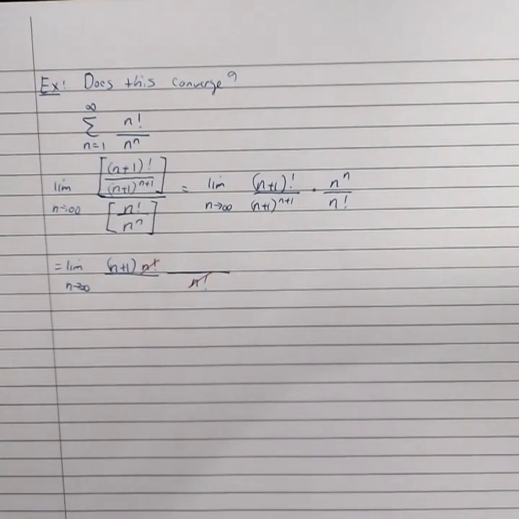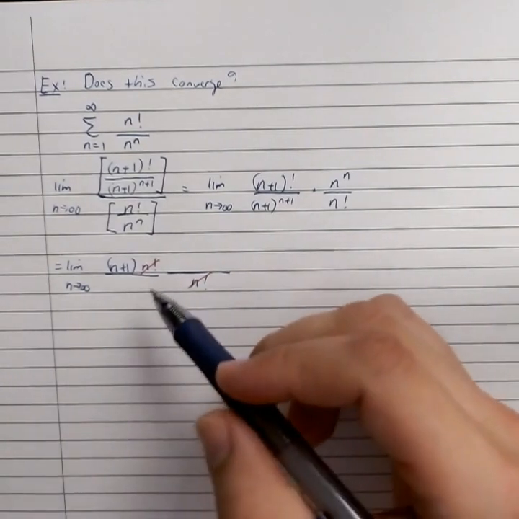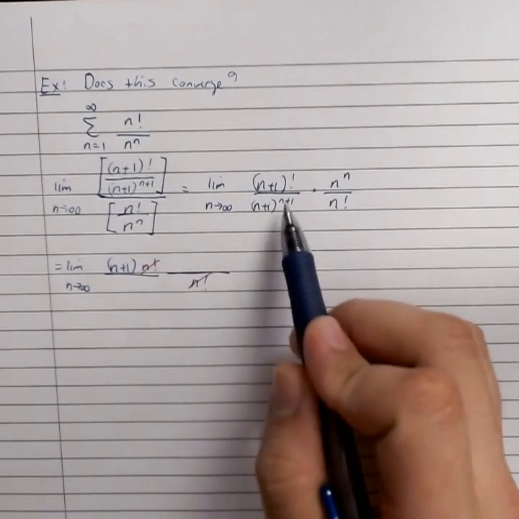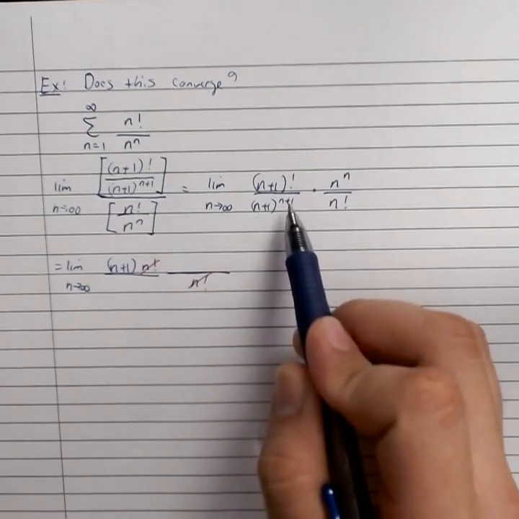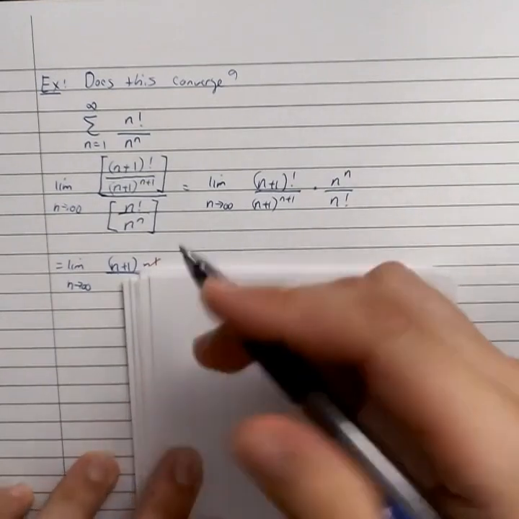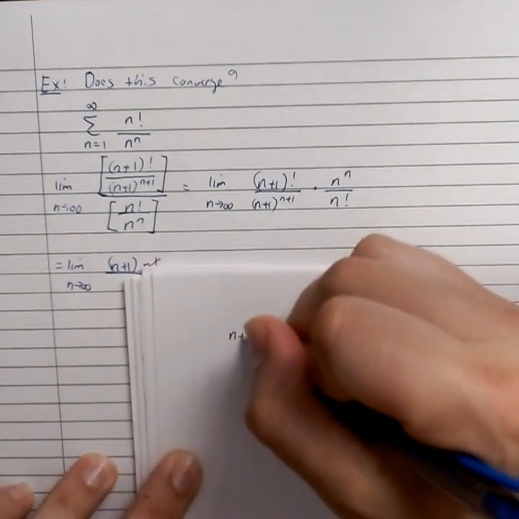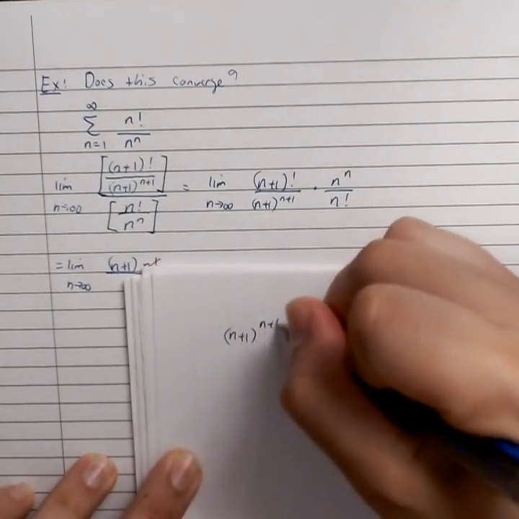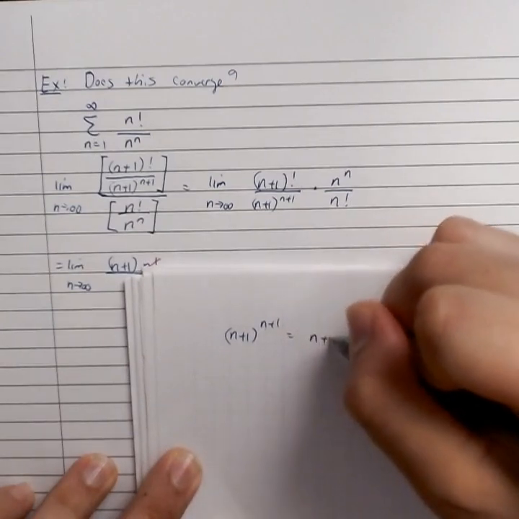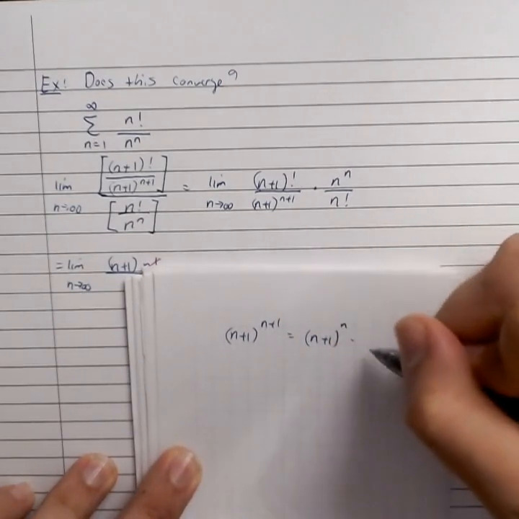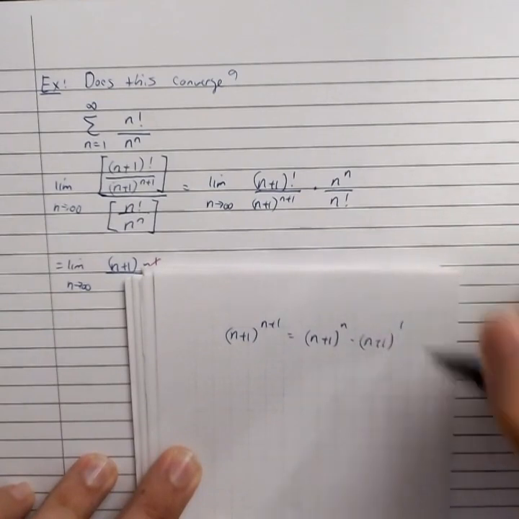We can do something similar here. If I take n plus 1 to the power n plus 1, I can write that as n plus 1 to the power n times n plus 1 to the power 1.